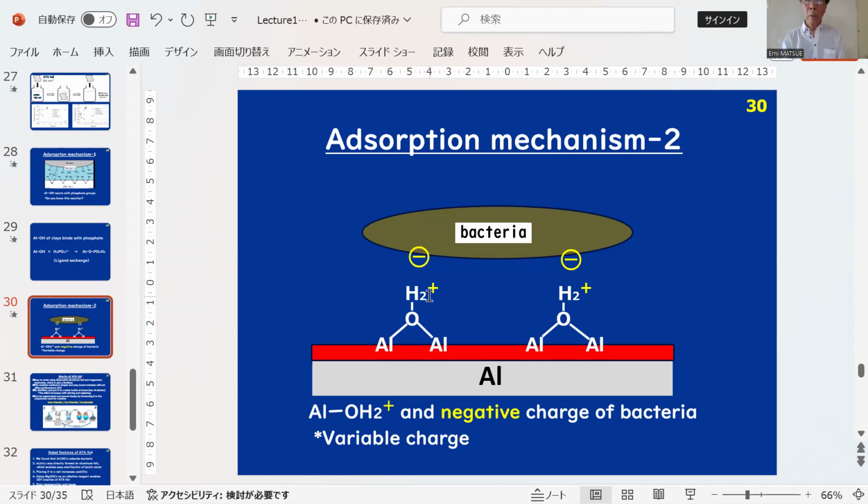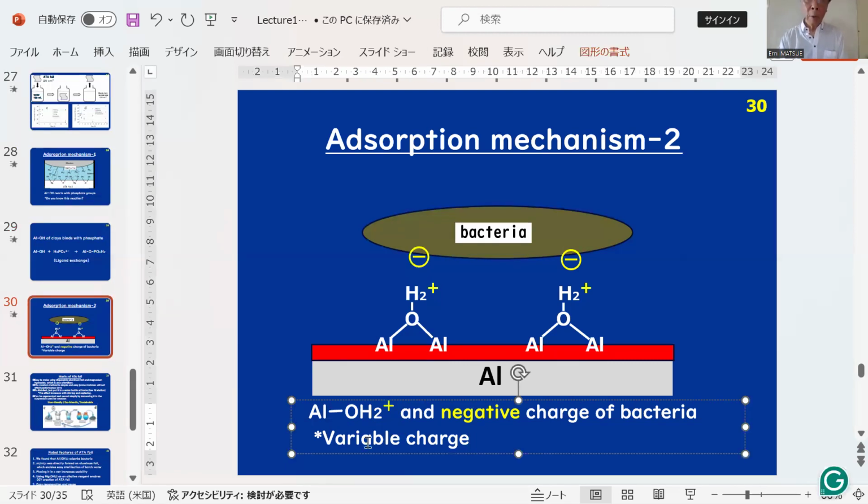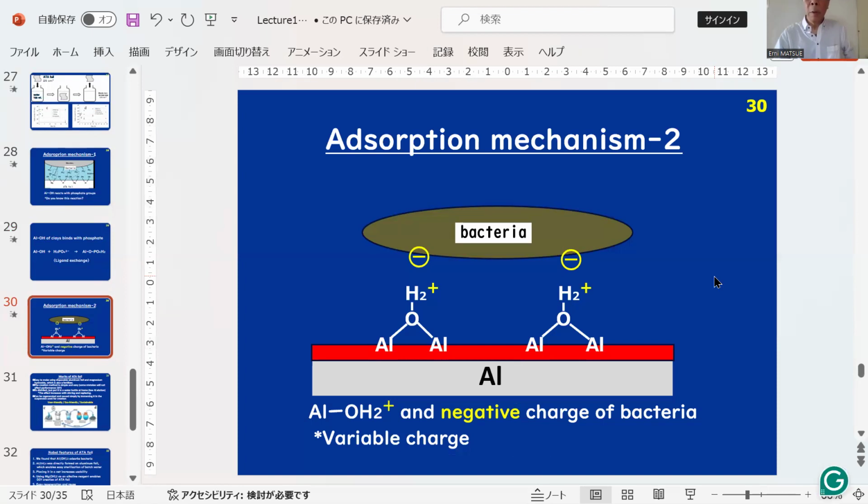Then there is a positive-negative interaction. So this is variable charge in soil chemistry. SiOH, SiO minus, AlOH2 plus are very famous in soil chemistry. So this is the knowledge of soil chemistry.